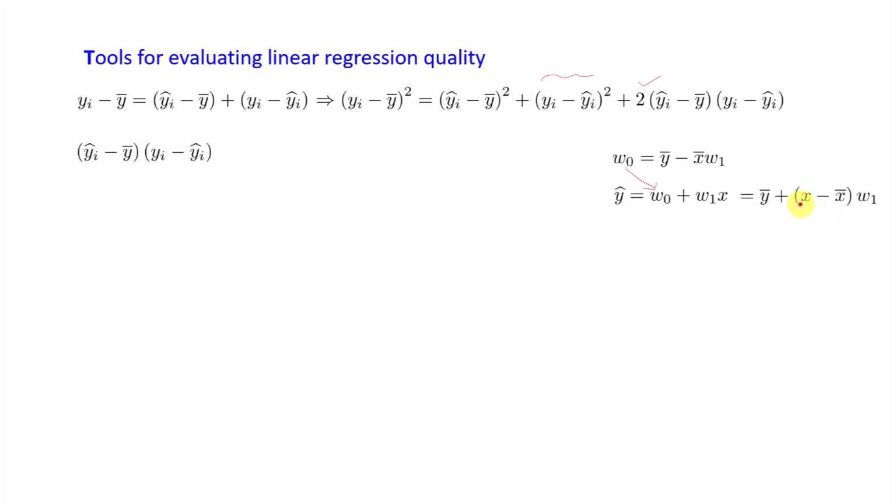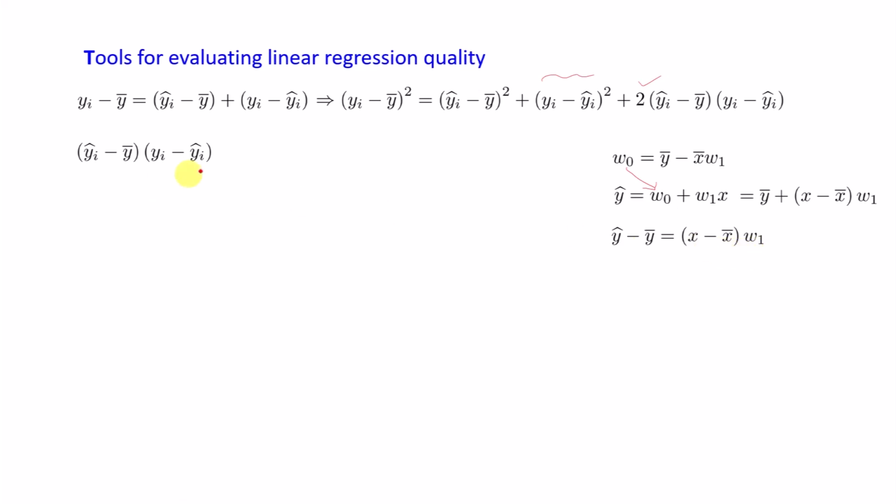So I have removed w naught and brought w1 in its place. Now look at this y hat minus y bar; I can get it from here. That is x minus x bar into w1.